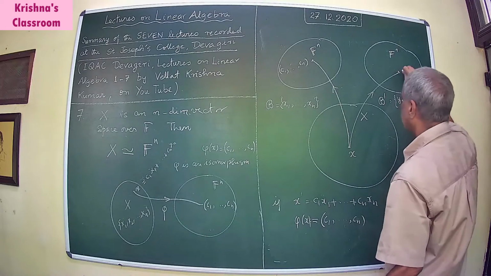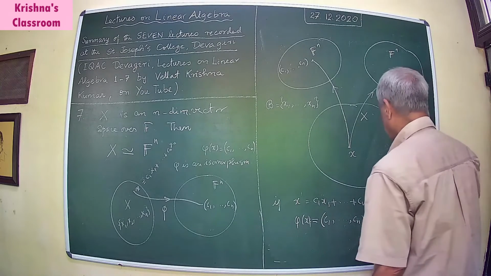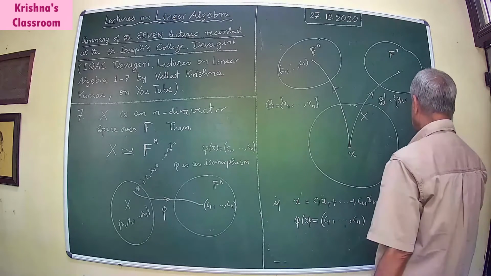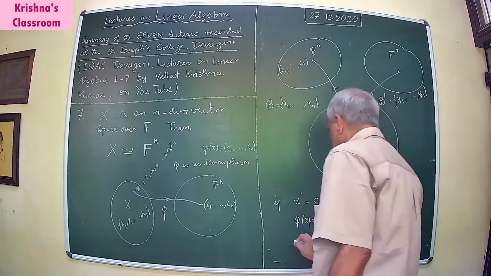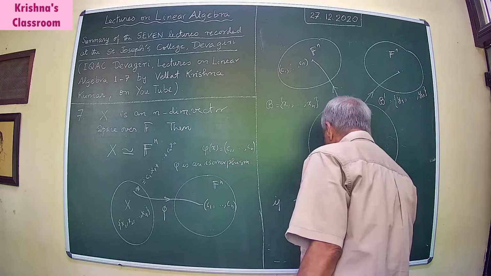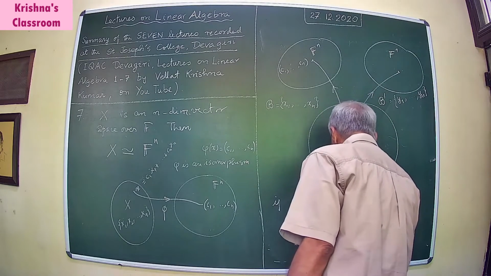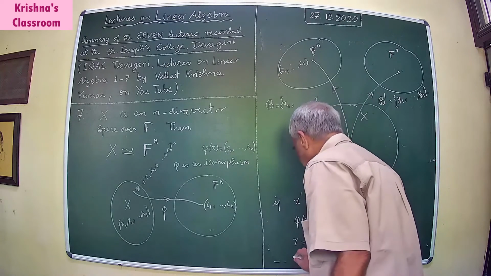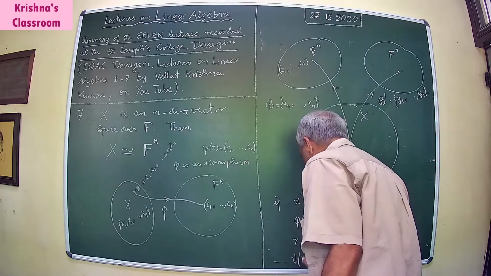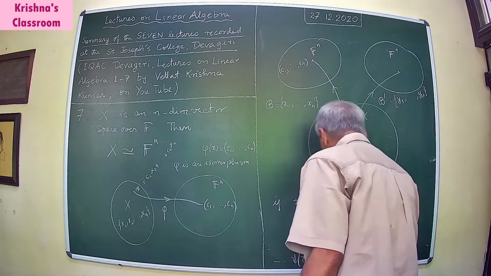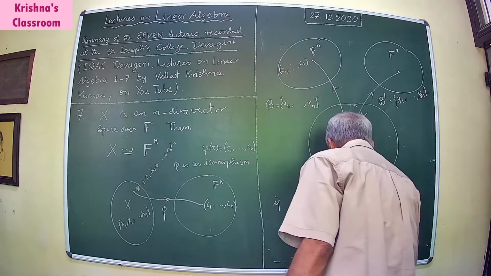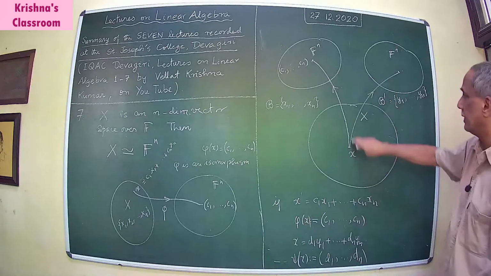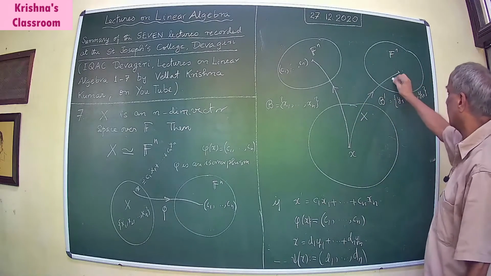Then the same x will be represented by, say, b1 y1 plus ... plus bn yn, and then you have the map psi of x defined by b1, ..., bn. That's another isomorphism. So the same vector has two different representations.